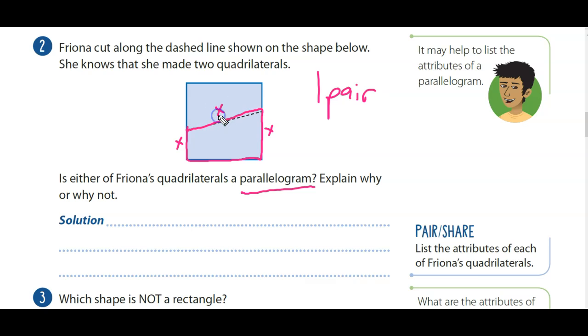The top and bottom are not parallel to each other, because if I extend it all the way across, they're going to cross eventually. So the definition of a parallelogram is they have to have not one but 2 pairs. Both opposite sides: this side has to be parallel to this side, and the top and bottom have to be parallel to each other in order to be a parallelogram.